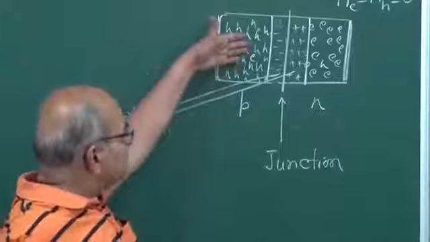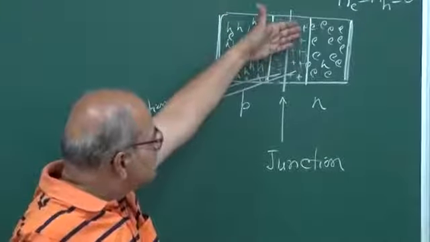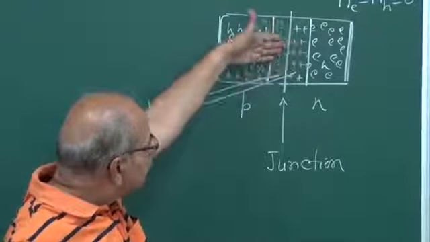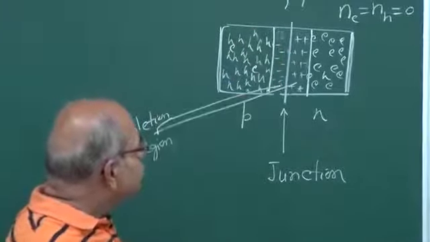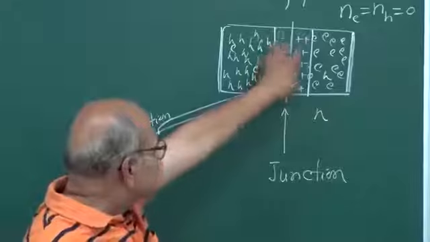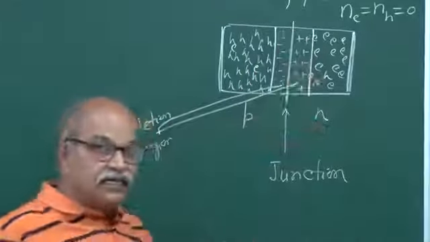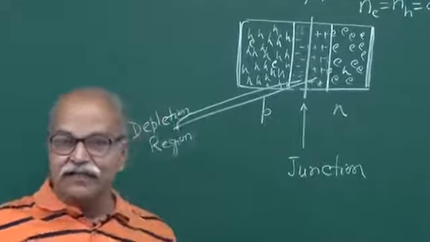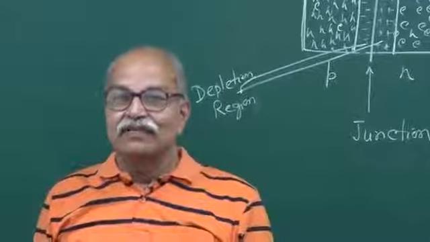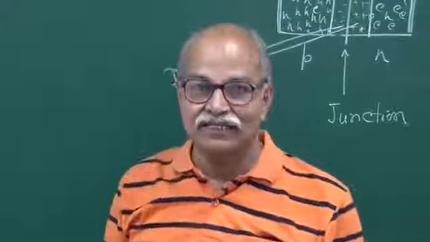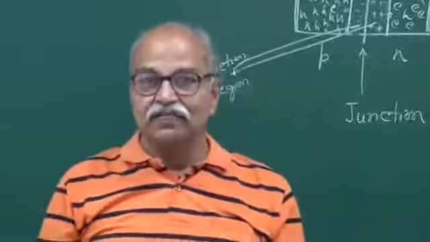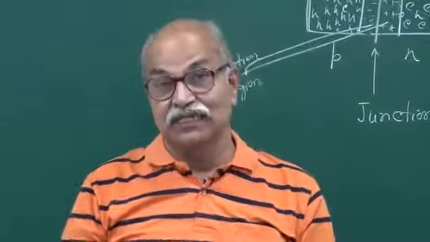These holes have gone here to neutralize these electrons, or the electrons have come here to neutralize these holes, and therefore the charge carriers are not there, that is fine. But then at any temperature, we told earlier, new hole-electron pairs are created, because in that material you have thermal distribution.